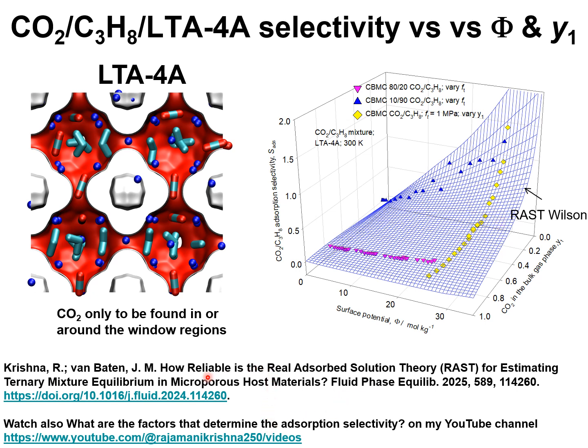The details of the IAST modeling is provided in my paper published in Fluid Phase Equilibria. We note that the adsorption selectivity varies smoothly with surface potential and the mole fraction of CO2 in the bulk gas phase mixture. And the behavior is seen to be monotonic.